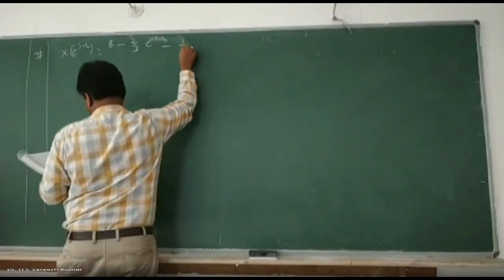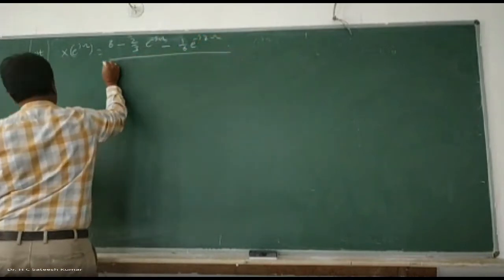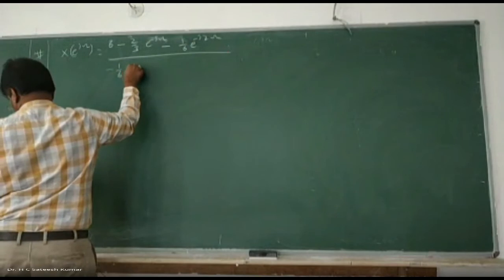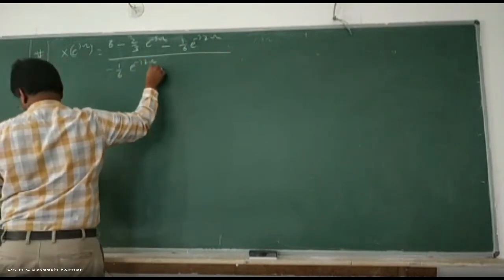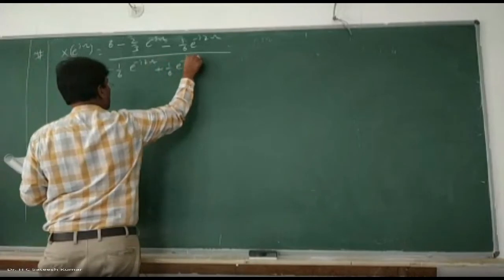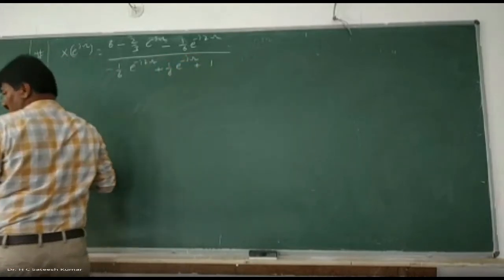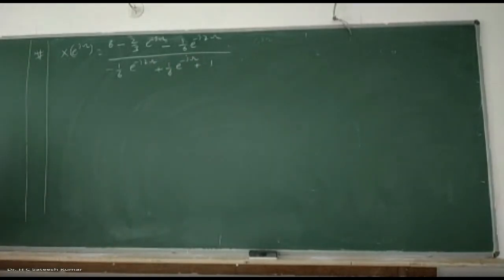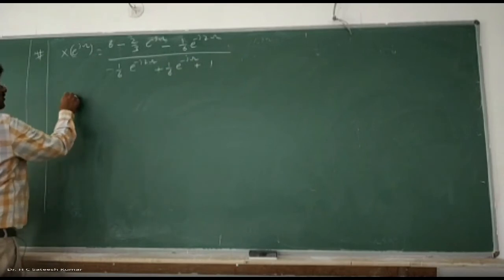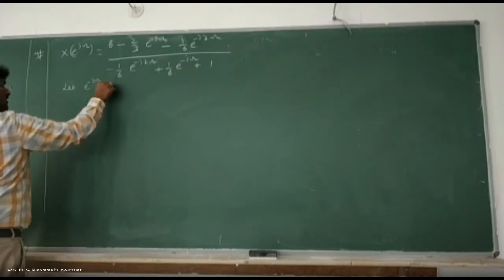minus 1 by 6 into e to the power of minus j2 omega divided by minus 1 by 6 e to the power of minus j2 omega plus 1 by 6 e to the power of minus j omega plus 1. Find the inverse DTFT. Okay, so let e to the power of minus j omega is equal to v.